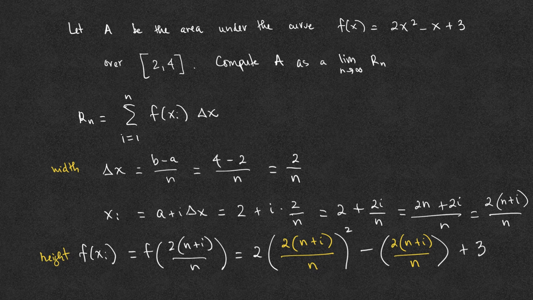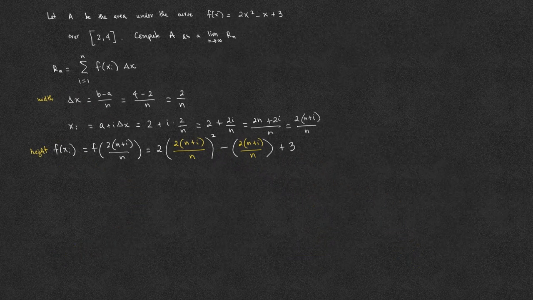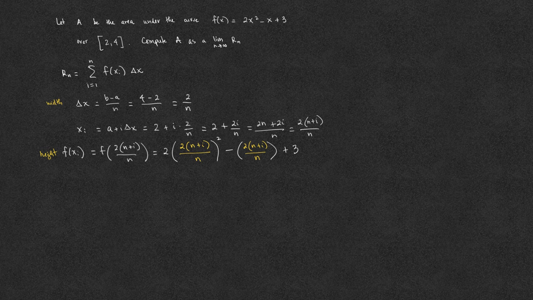But this is again only f(xᵢ). To evaluate the limit, it is always a good idea to simplify this. So this f(xᵢ) is now simplified as 2 times 4 times (n + i)² over n², minus 2 times (n + i)/n plus 3.